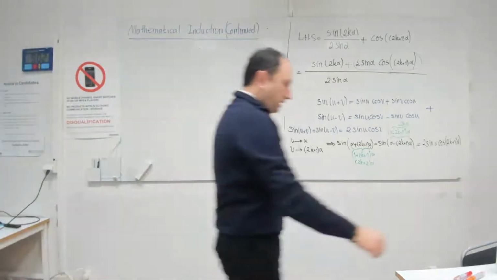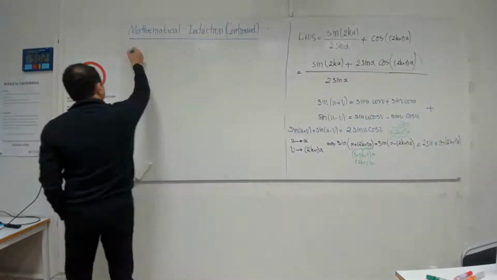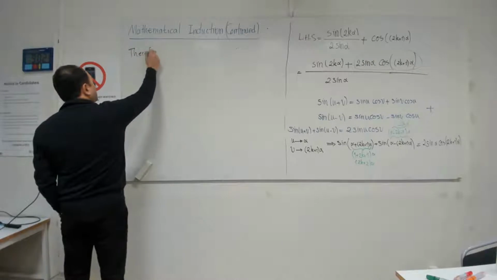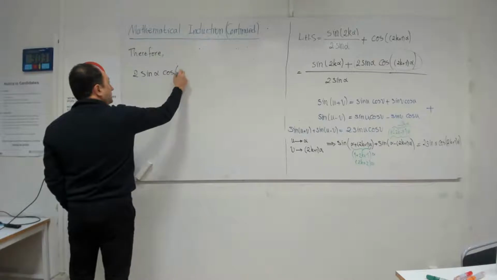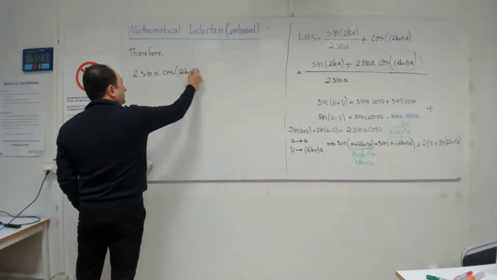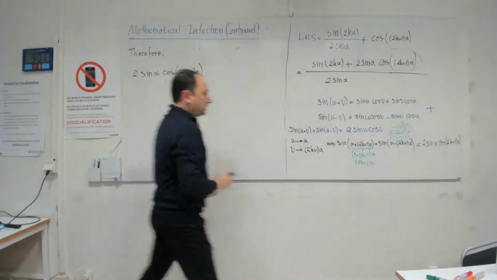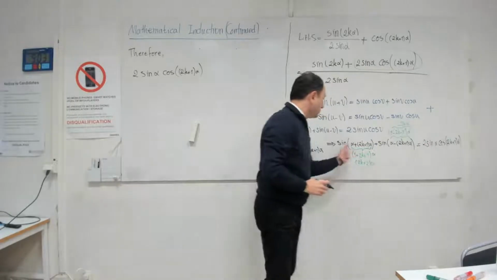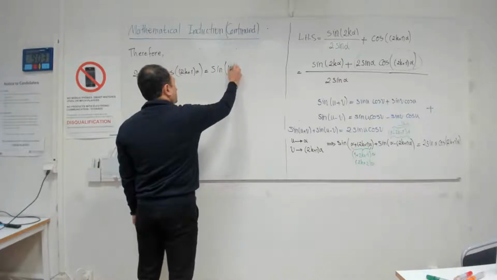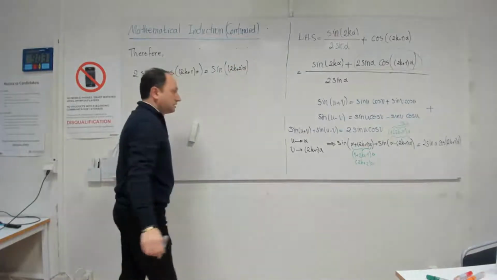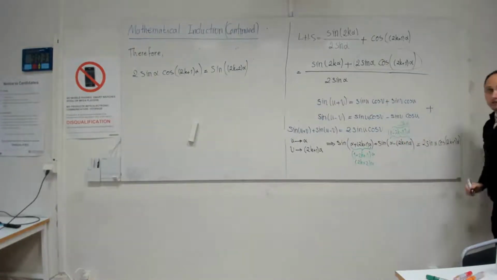Okay, so what I get here, this tells me that, therefore, two sine alpha cosine 2k plus 1 alpha, this expression, is equal to sine of this, yes? Okay, now can you tell me what can I write instead of sine of minus 2k alpha?